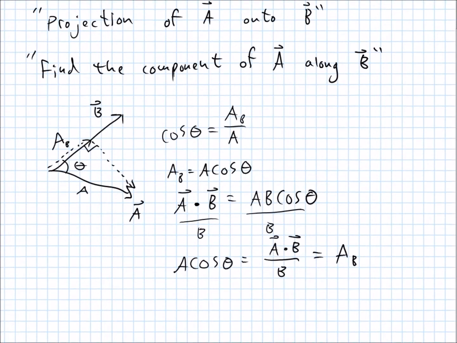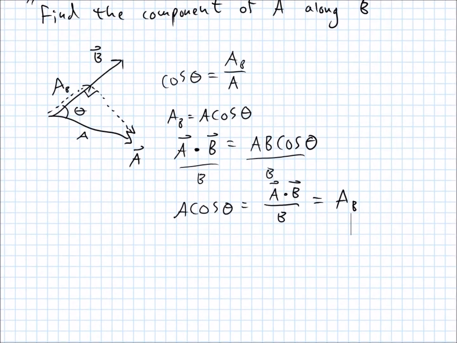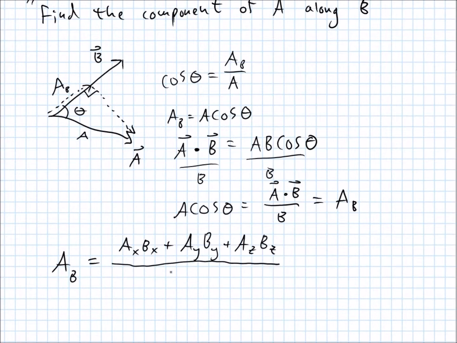So now we need to perform the dot product. So let's just keep going here. AB is equal to, now remember the dot product is this: the x components multiplied, plus the y components multiplied, plus the z components multiplied. And we're dividing by the magnitude of B, which is this.